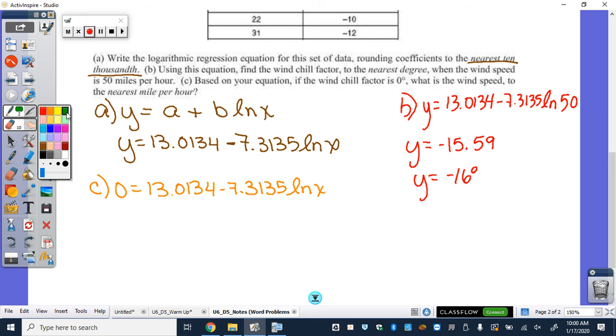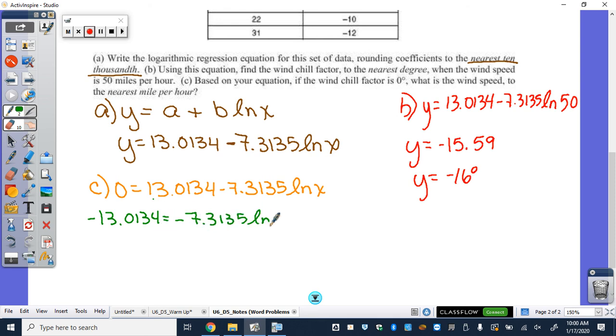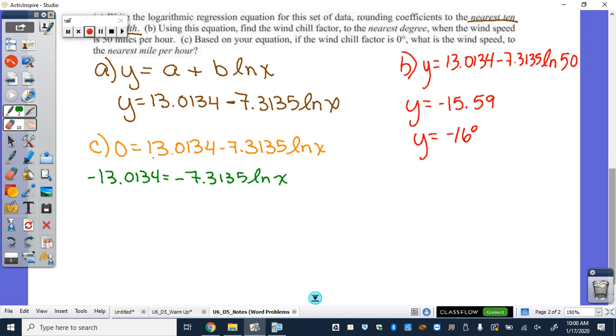So I'll subtract my 13.0134 over to the other side. So negative 13.0134 equals negative 7.3135 ln of X. Now we want to divide by that negative 7.3135.